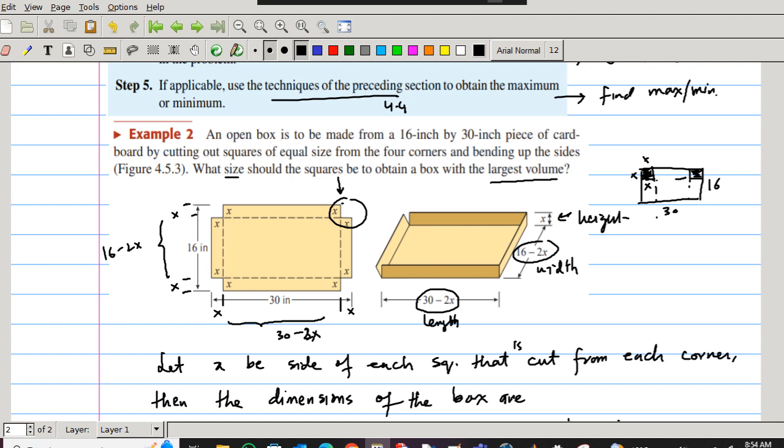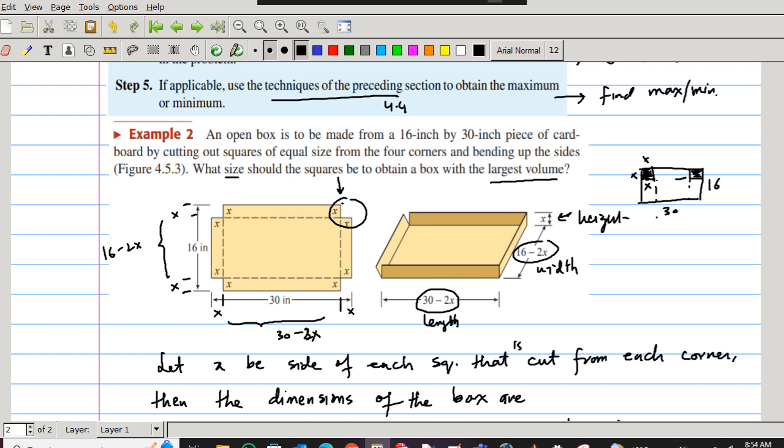And I cannot cut half of 30, I have to take half of 16, which is the smaller one. This is the sheet, we are cutting the sides. If this is the smaller portion and this is the larger portion, I can only go this far, half of this side. I can cut 8 by 8 here.